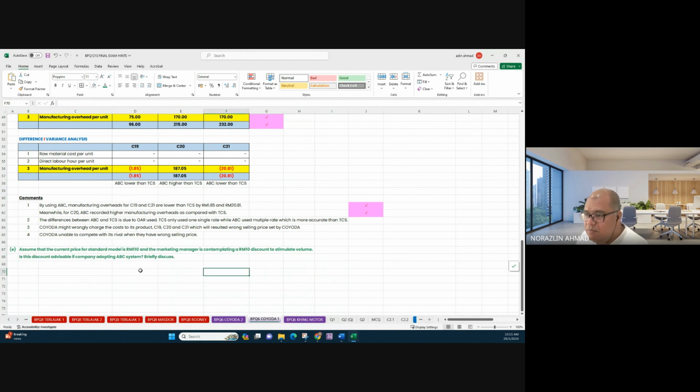Assume that the current price for standard model is 110 and the marketing manager is contemplating a 10 ringgit discount to stimulate the volume.